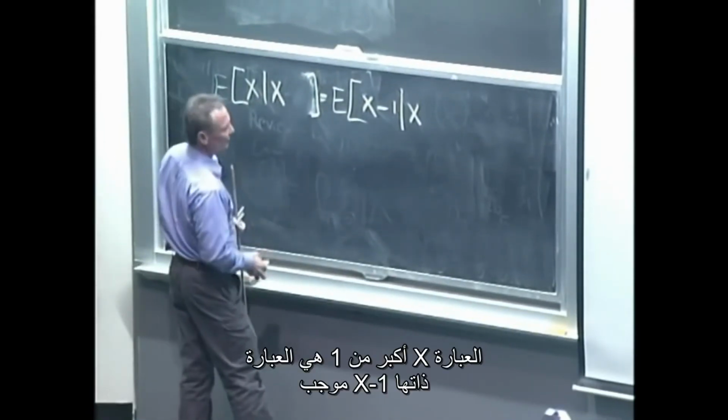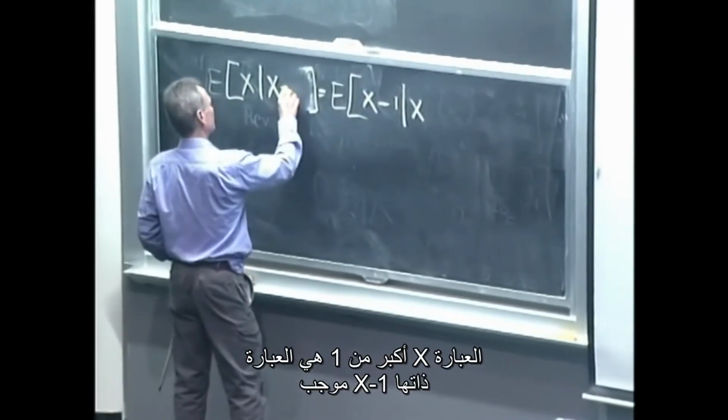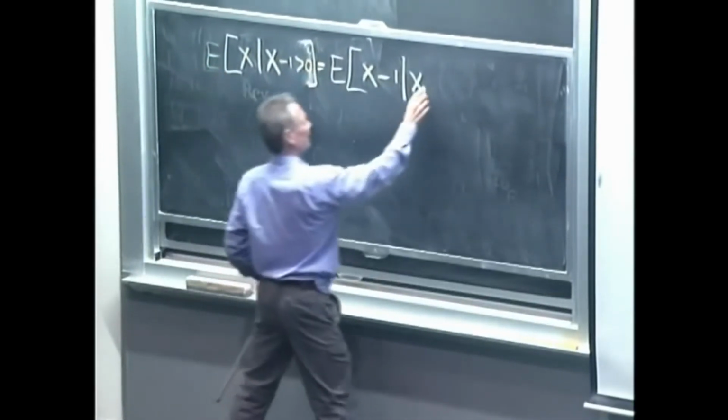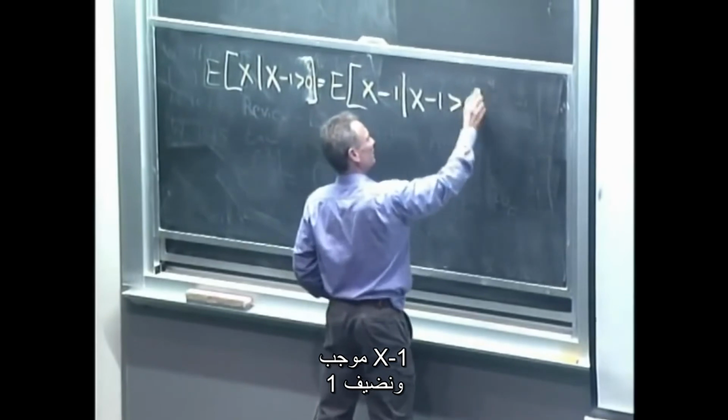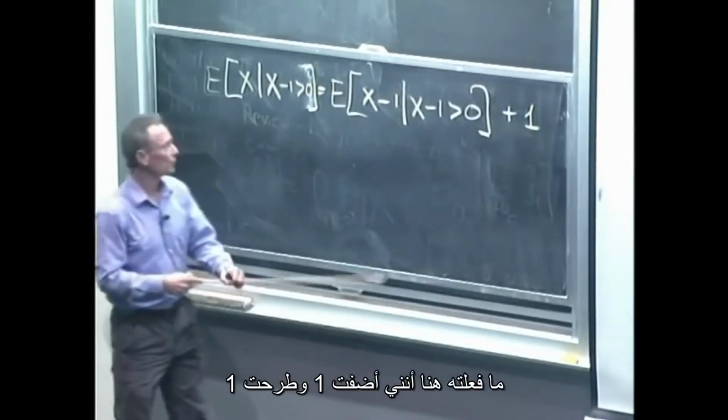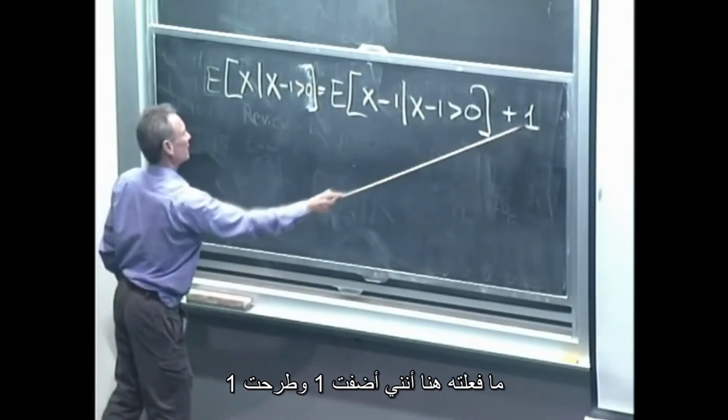Okay, x bigger than 1 is the same as x minus 1 being positive. What did I do here? I added and subtracted 1.